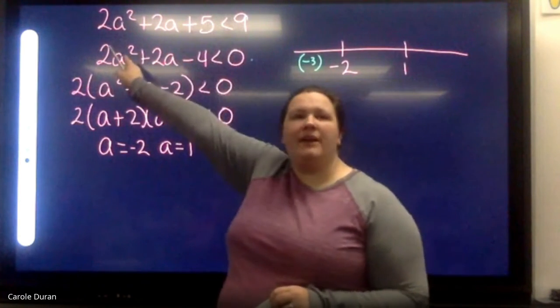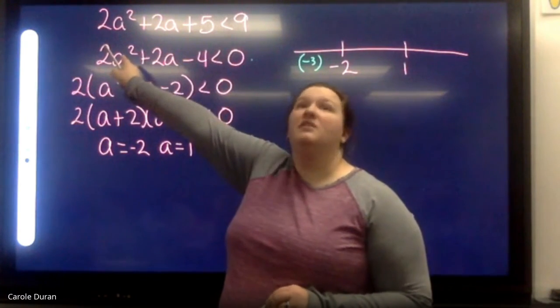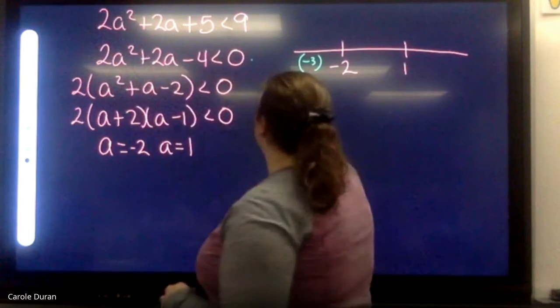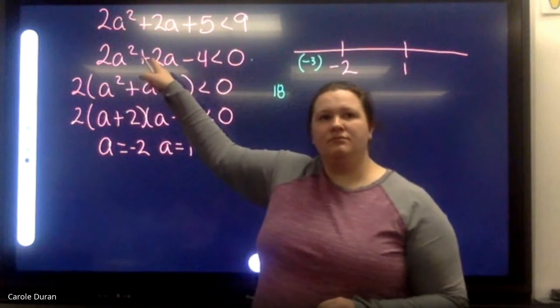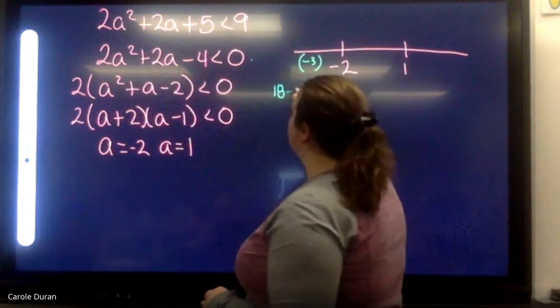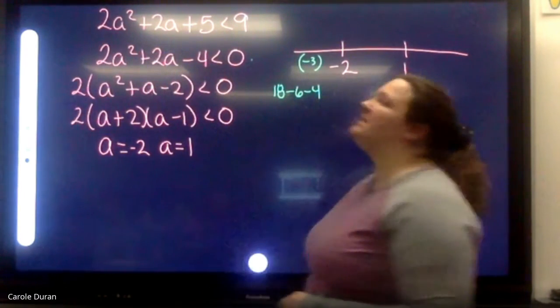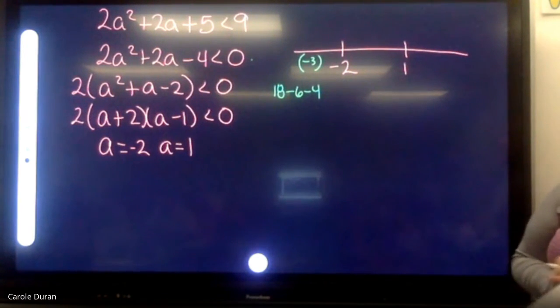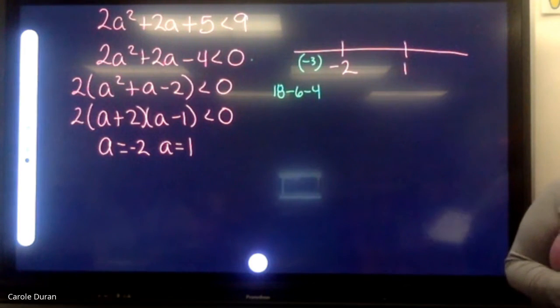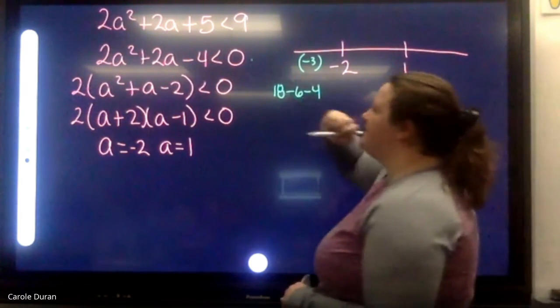What's negative 3 squared? 9 times 2 is 18. 18 minus negative 3 times 2? Negative 6. And then minus 4. What's 18 minus 6 minus 4? Is 8 positive or negative? Is that less than 0?